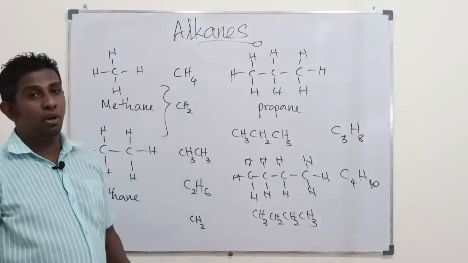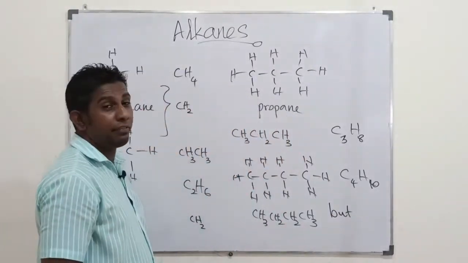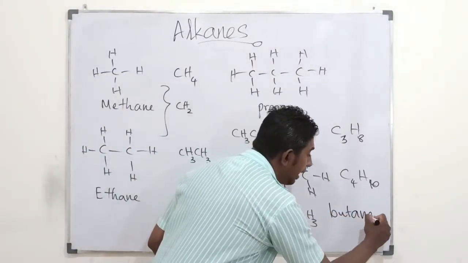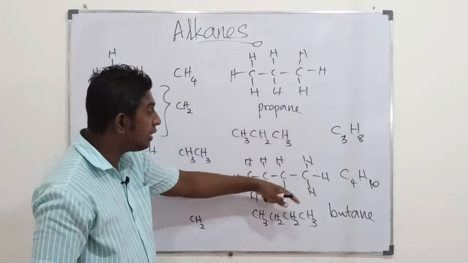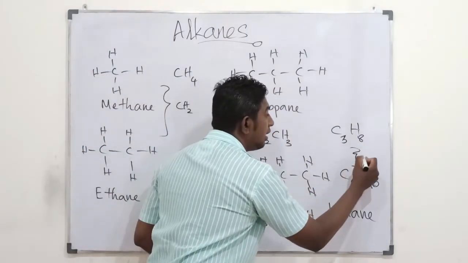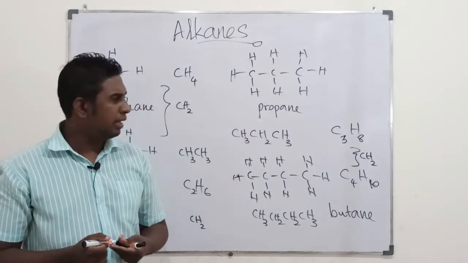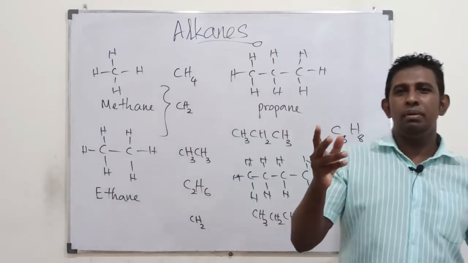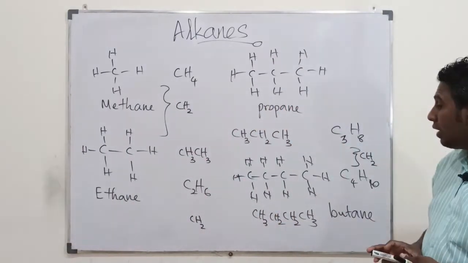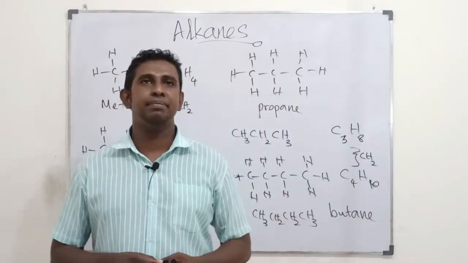With 4 carbons we call it but, then with the suffix ane, the name is butane. When you go from third to fourth, the difference again is CH2. Students, when you find the same difference between two consecutive members, we call it a homologous series.